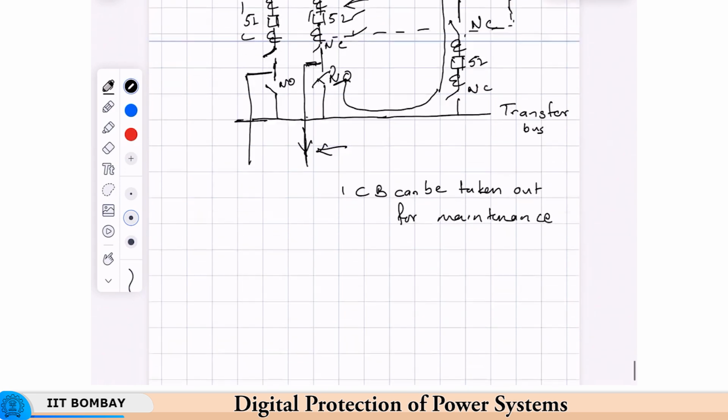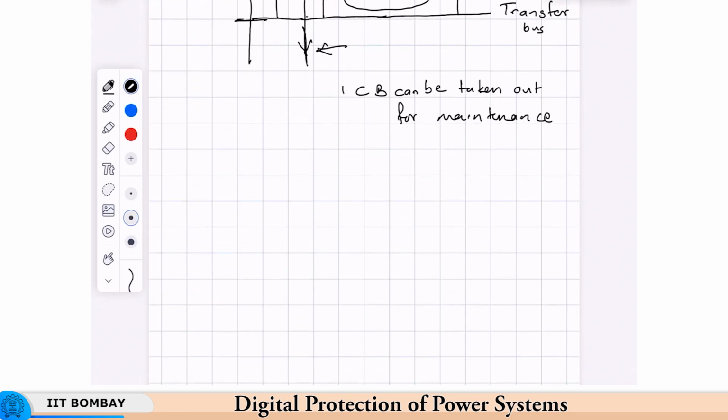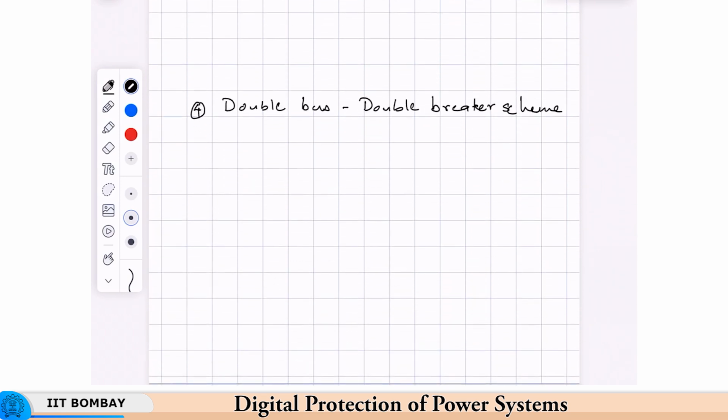Then we come to the two bus schemes. The one with the most redundancy is the double breaker scheme. So, here is the scheme with the maximum reliability.